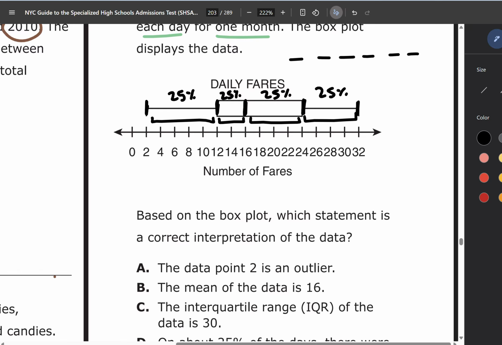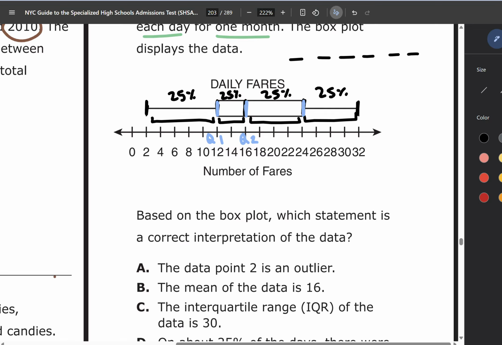Hopefully that makes sense. We have names for certain things. This point over here, where the box part of the plot starts, we call Q1, or quartile 1. The line vertically inside the box is called Q2.